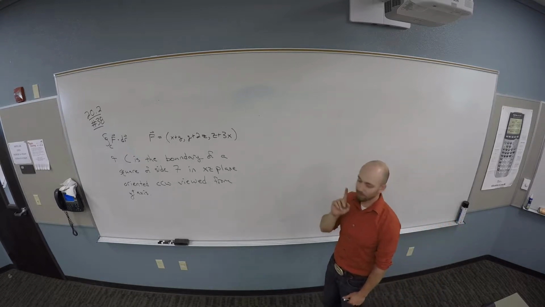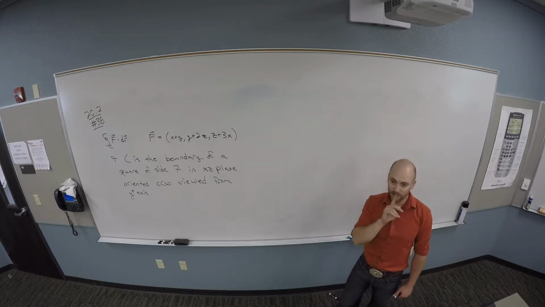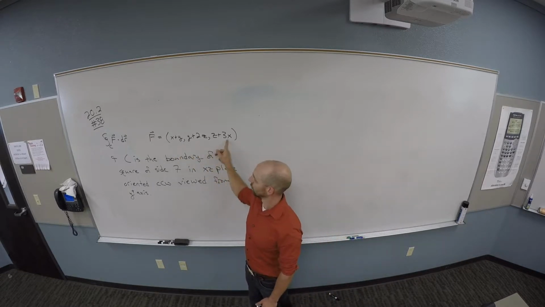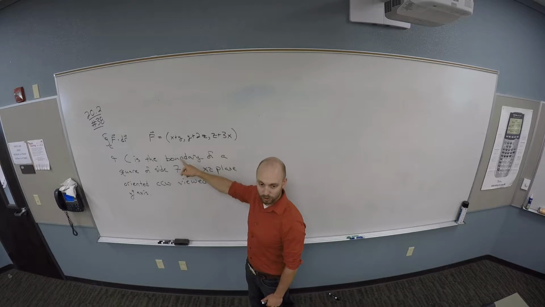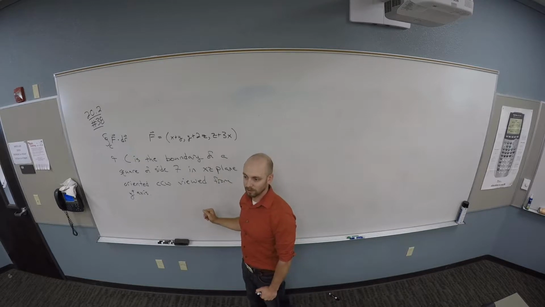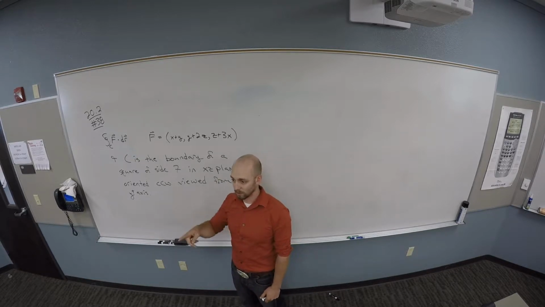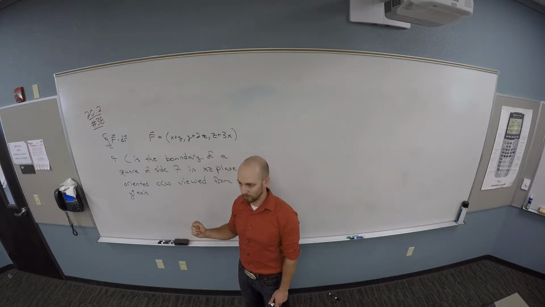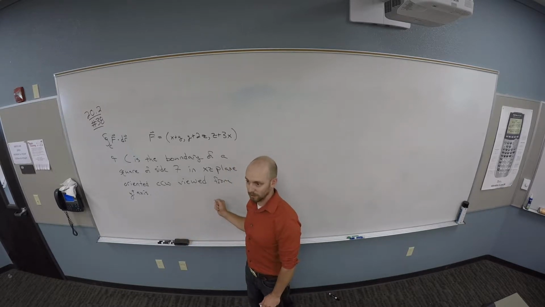I've got to fiddle something a little bit, right, because my vector field f includes 3 variables. But maybe we could fiddle that around. Well, we can still get a 3-dimensional normal vector, right? We could dot it. That would work.